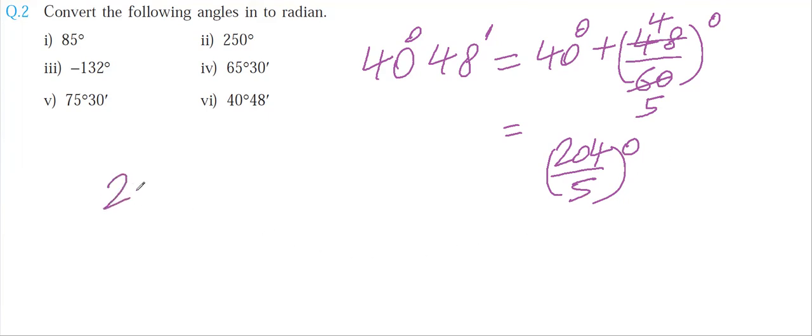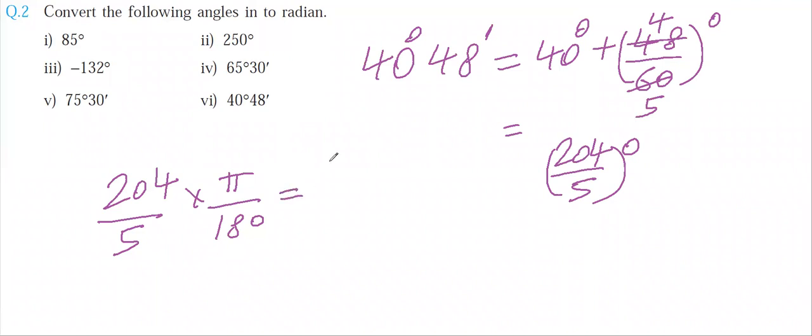So how to convert? 204 upon 5 into pi upon 180. Now when you solve this further, you will get 17 pi by 75 radian. Is it important to write radian? Okay, it's done. Understood?